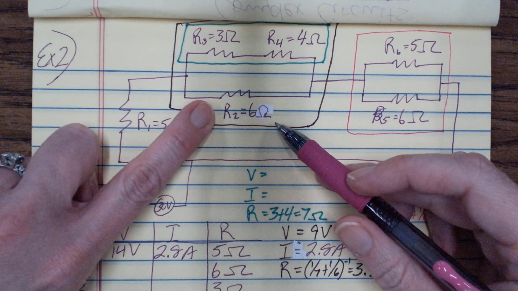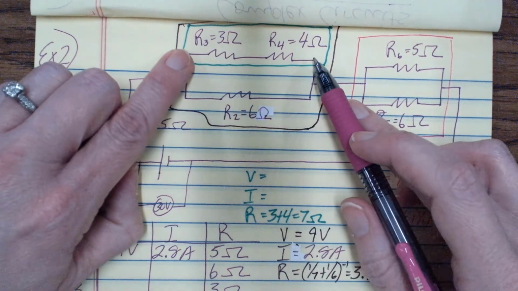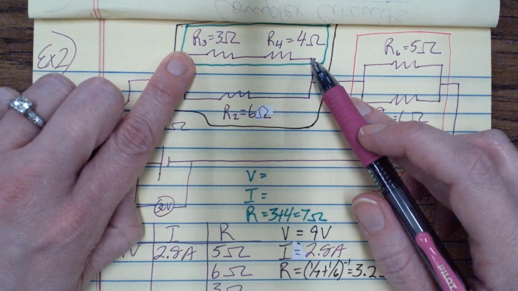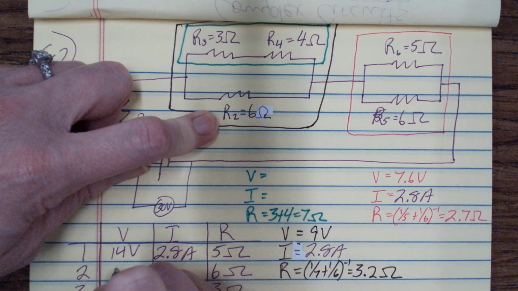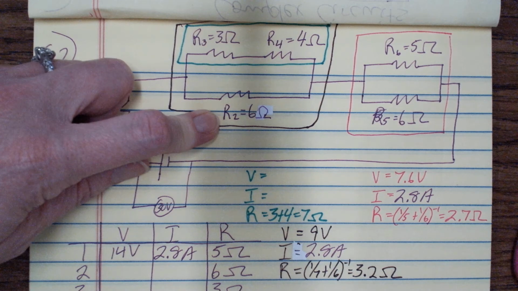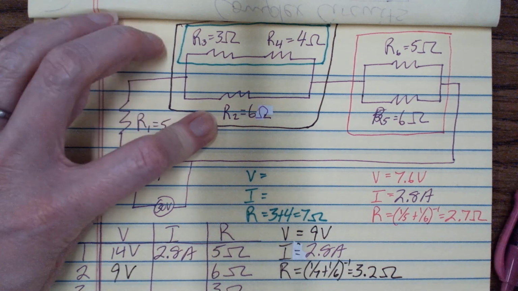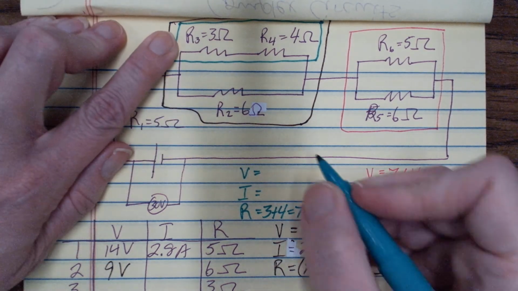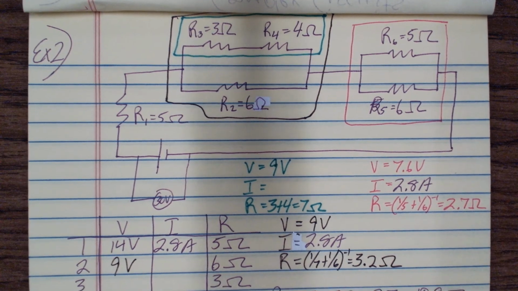Now the brown box, the voltage is 9 volts. Well, resistor 2 is in parallel to resistors 3 and 4 as a combo, the green box. So the voltage on resistor 2 is 9 volts. And the voltage on the green box is also 9 volts. So now we can find the current on the green box.